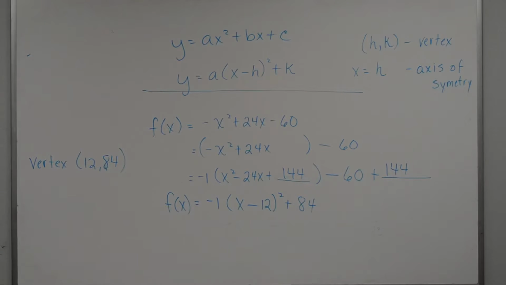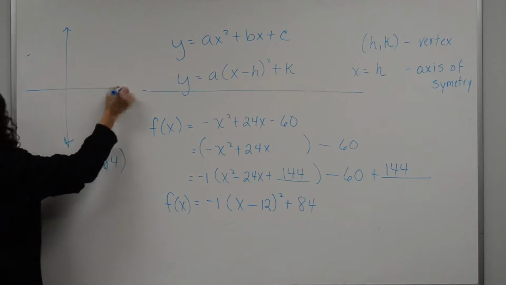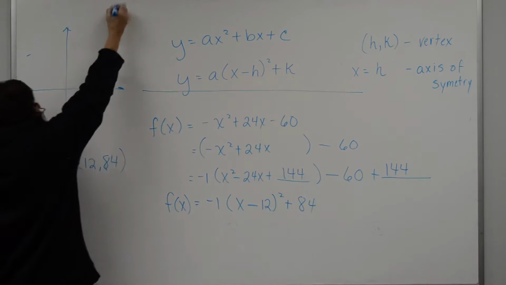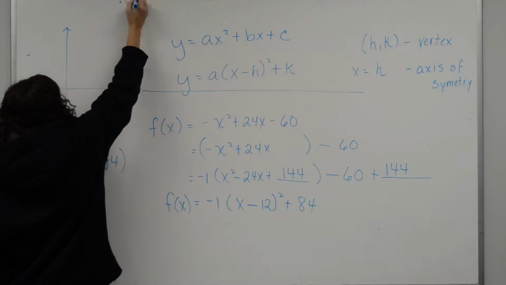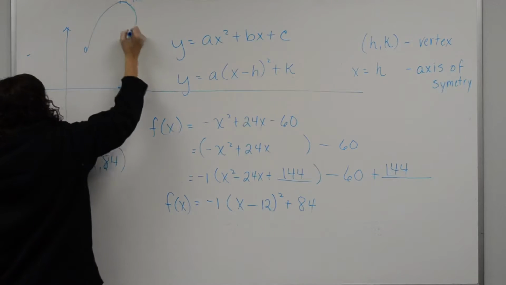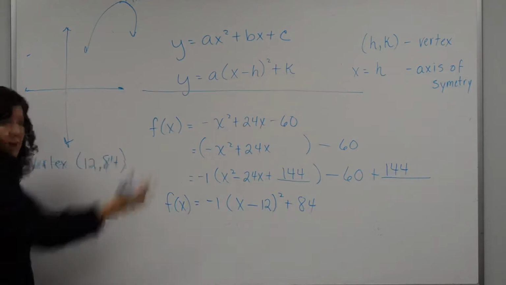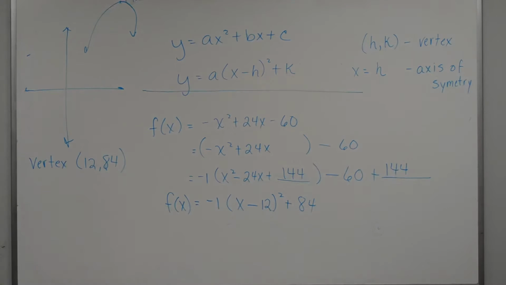Okay, so now I want you to think about the fact that somewhere up there is 12, 84. It's going to turn down, right? In order to graph it, it's going to cross the x-axis, is it not? How would I find out where it crosses the x-axis?